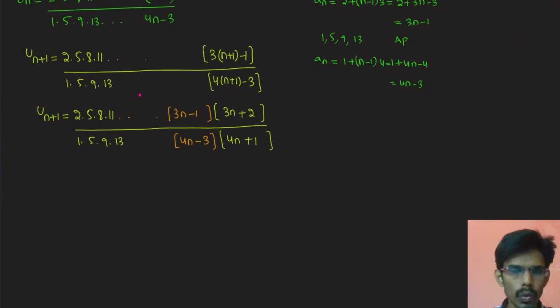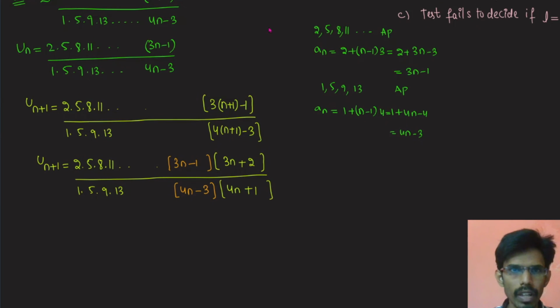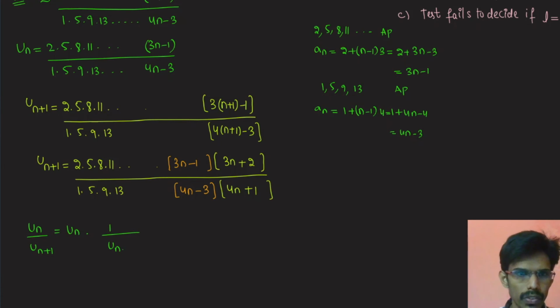Now we got un plus 1 and un. Now we take the ratio of these two. Let us take the ratio of un upon un plus 1. That can be taken as un into 1 by un plus 1, or I can take this ratio directly.